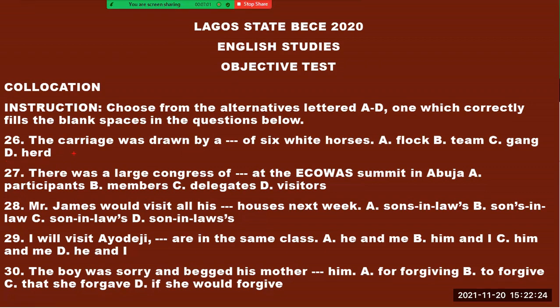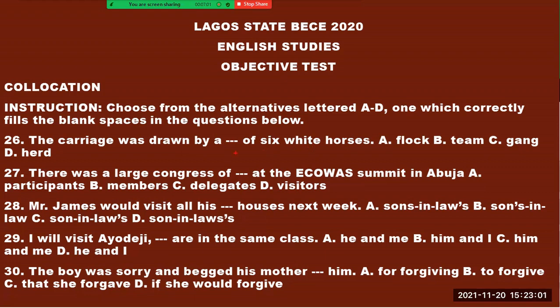H-E-R-D. But in this particular question, the answer is not herd because these are not just a group of horses, but they are also a group of horses that are used for a particular transportation system. Now, a carriage is a transportation system where you have a carriage being pulled or drawn by 2 or more horses.